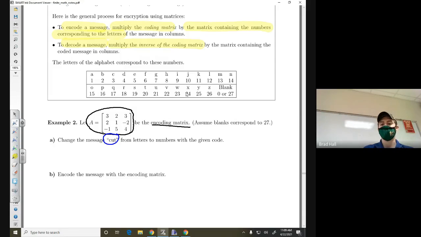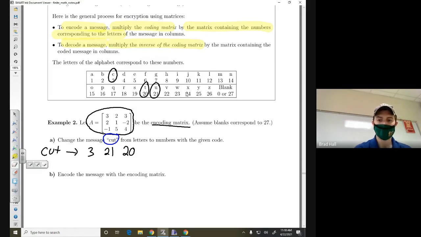So the first thing we have to do is take the word cut and convert each letter to numbers. So C corresponds to 3, U corresponds to 21, T corresponds to 20. So that's the first step.